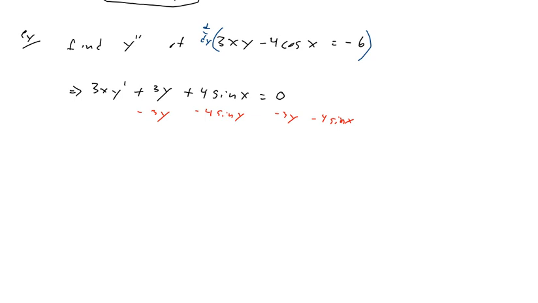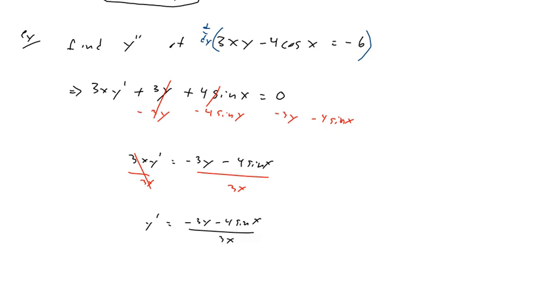Move those away. 3xy prime equals negative 3y minus 4 sine x. Then divide by 3x to cancel that. Y prime is negative 3y minus 4 sine x over 3x. And there's my first derivative.